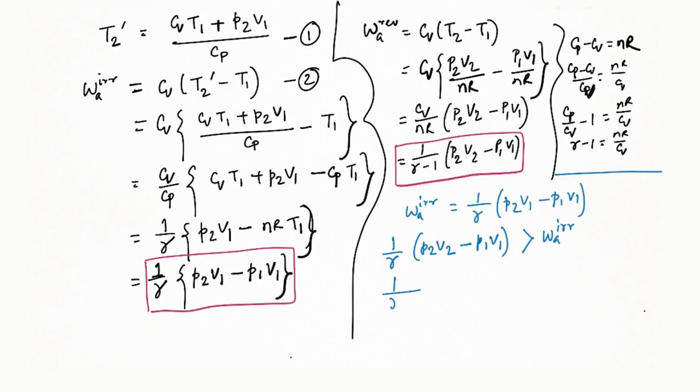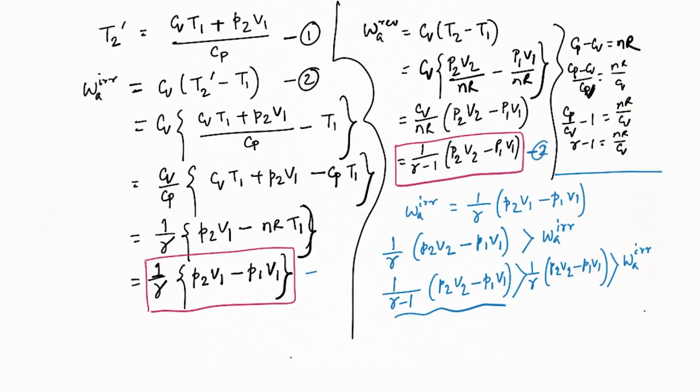So, 1 by (gamma minus 1) (P2V2 minus P1V1) is larger than 1 by gamma (P2V2 minus P1V1), which is larger than the adiabatic irreversible work.